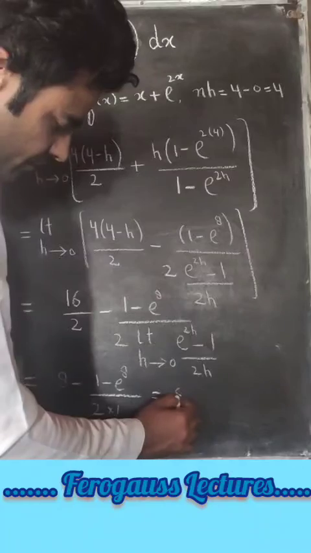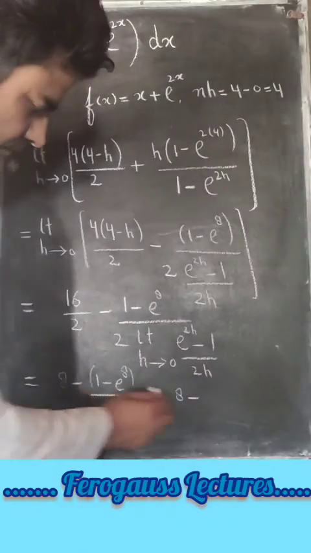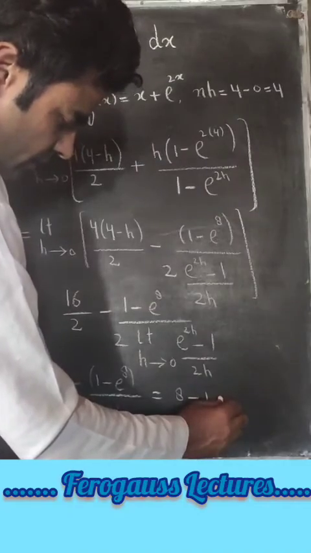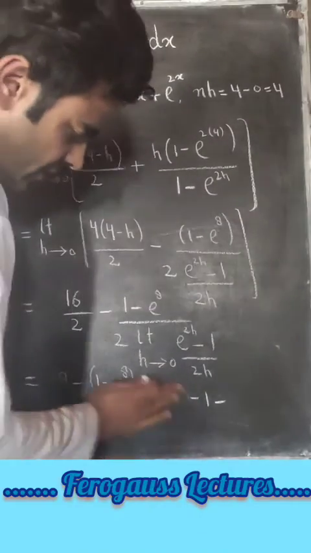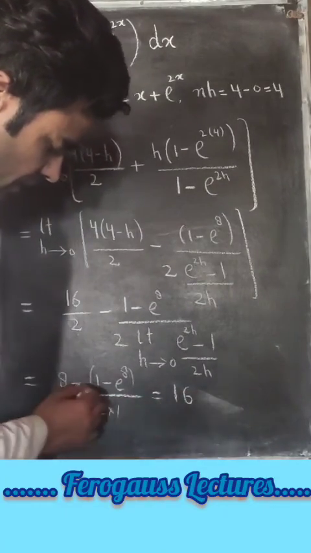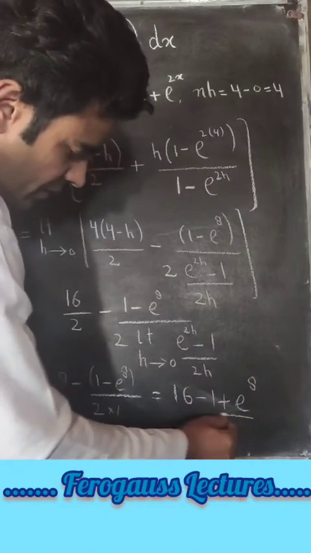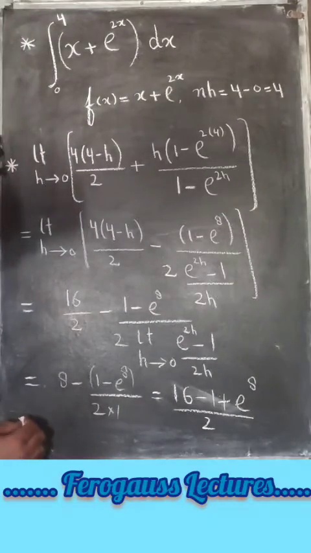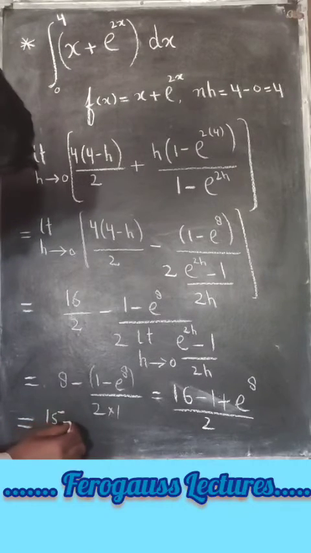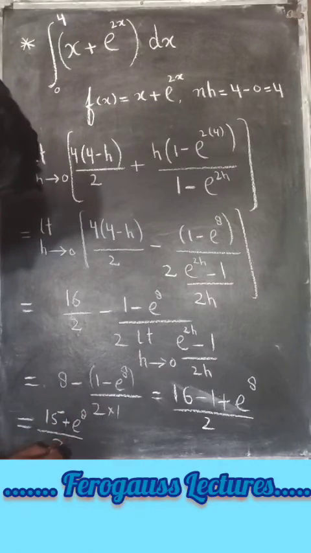We get 8 minus 1, minus minus is plus. Or we can write it like this: 8 into 2, that is 16, so 16 minus 1 plus e raised power 8 divided by 2, and that is equal to 16 minus 1, which is 15, plus e raised power 8 divided by 2.